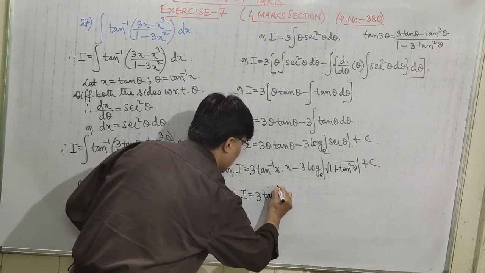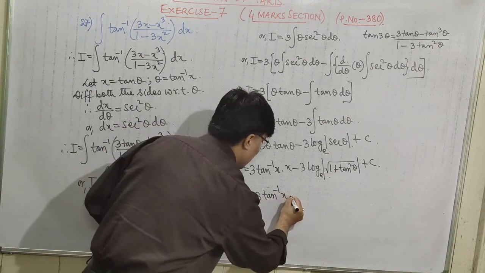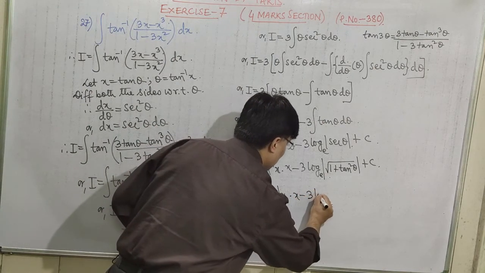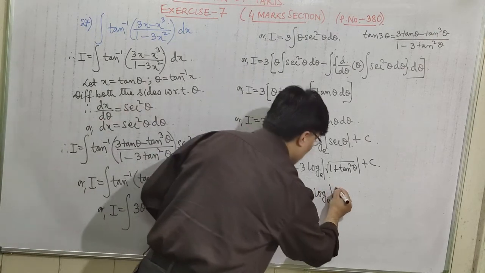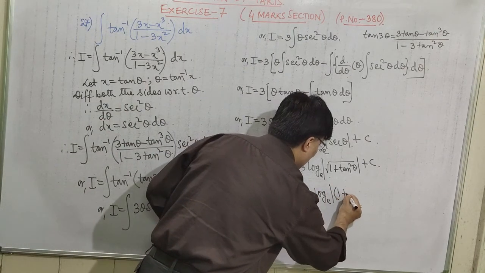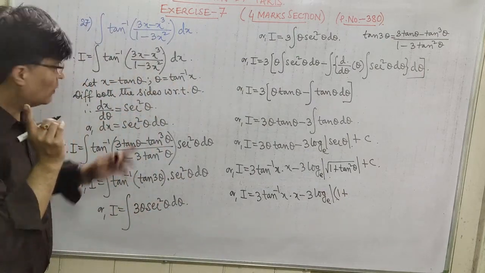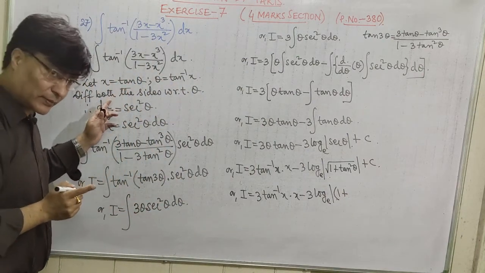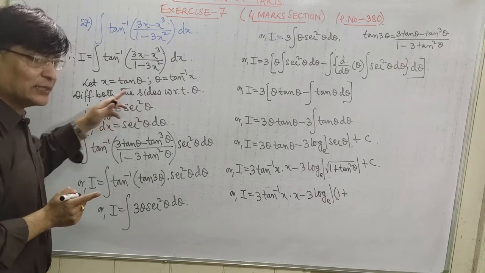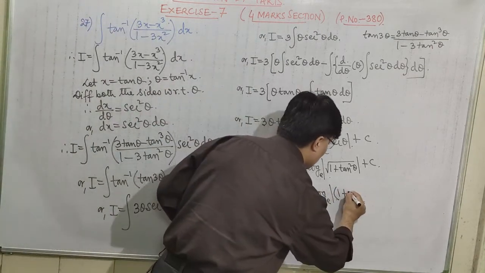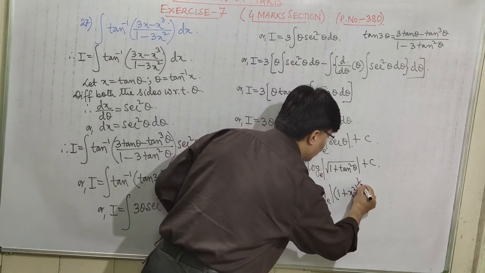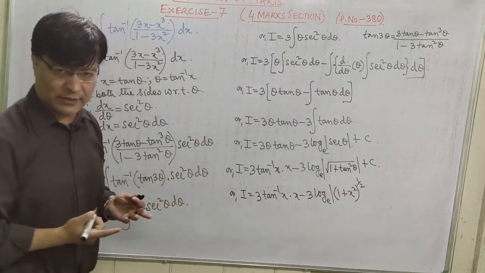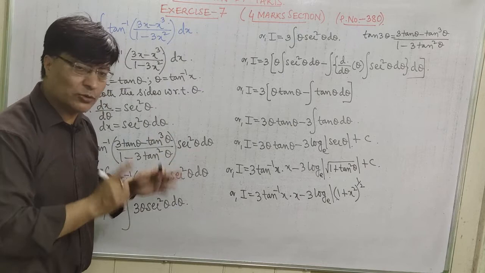So I is equal to 3 tan inverse x into x minus 3 log within mod, the base is e, within bracket 1 plus, what is tan theta? It is x. What is tan square theta? It is x square, whole to the power. Square root means whole to the power half.